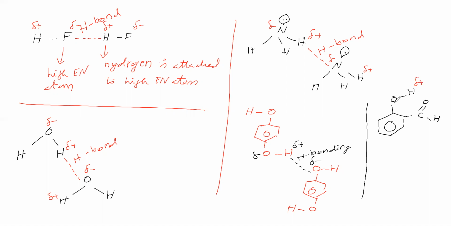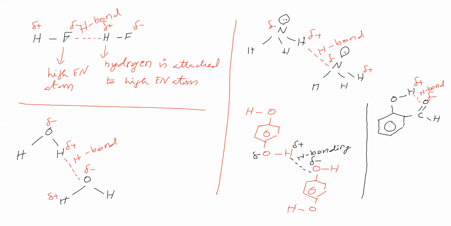In this group the oxygen, a highly electronegative atom, has a partial negative charge. This group is present in this molecule, and this group is also present in this molecule. Both groups are present within a molecule, so between them attractive force is possible. That is called hydrogen bond.